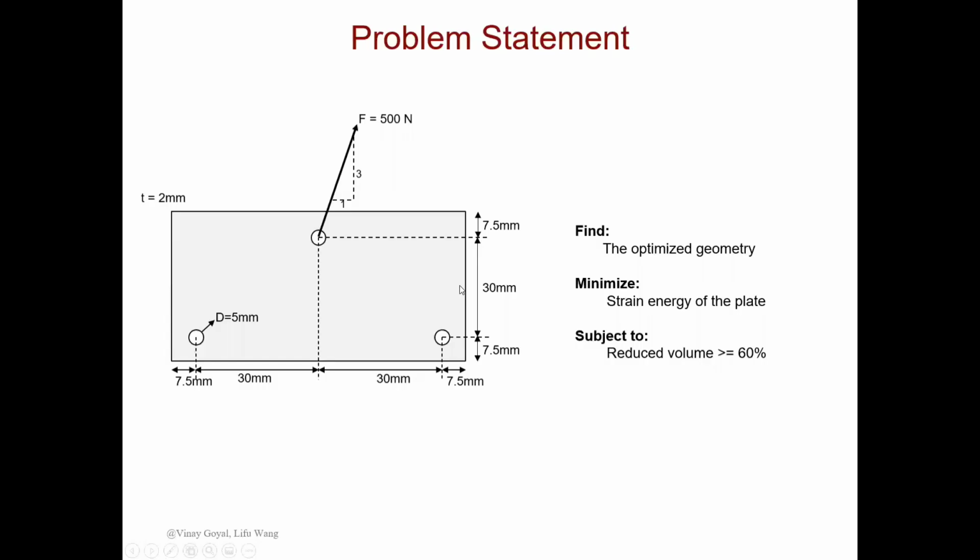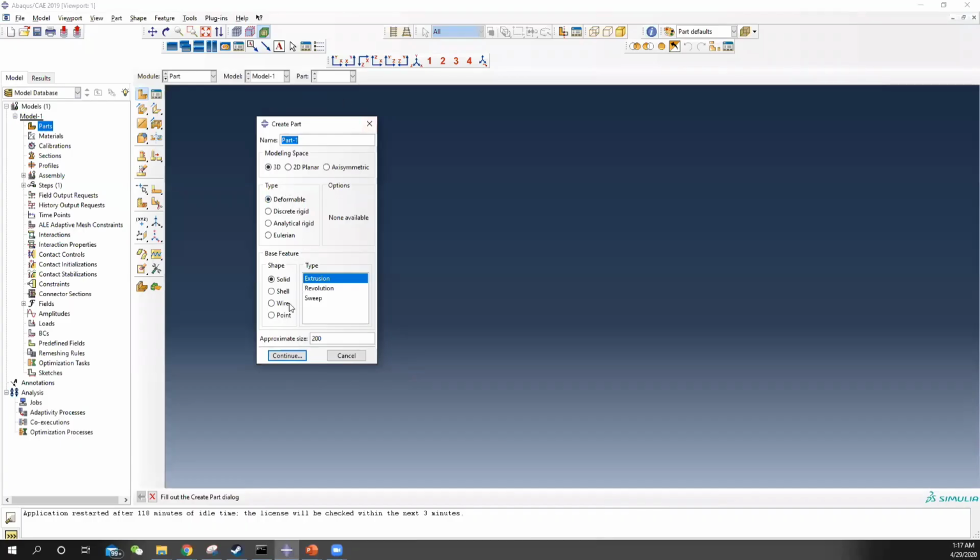Create a part. So this is 30 plus 30 plus 15, which is 75 in length. So we can make it about 100 here.